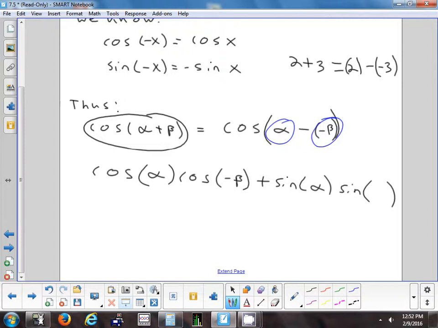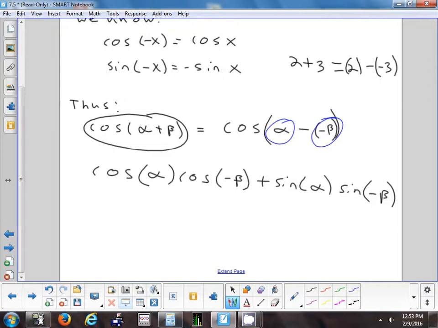Where's that negative go for now? Not in front of sine. Just like it did with cosine, it's just negative beta. That's the negative sine. This negative, we're going to do something with it in a second. But for now, it's just cosine of the first, cosine of the second, sine of the first, sine of the second. Just remember that that minus sign is part of it. It's whatever it is before the minus sign and whatever's after the minus sign. That's what you plug in.